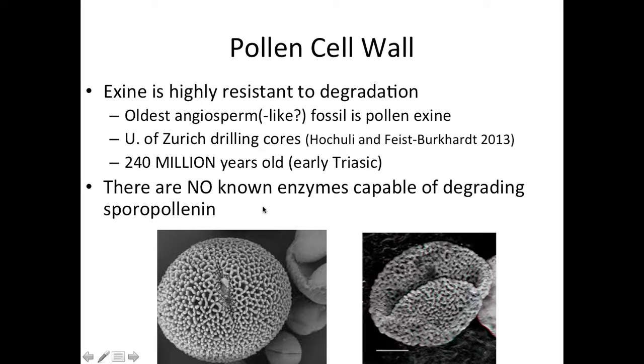This was dated to 240 million years ago, the early Triassic period, which is way earlier than they first thought that angiosperms had evolved. So this was quite a discovery by the University of Zurich. The only thing left here is the sporopollenin, and it lasted 240 million years. That is just amazing.